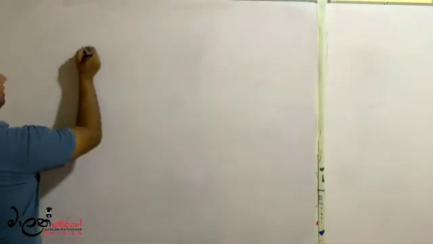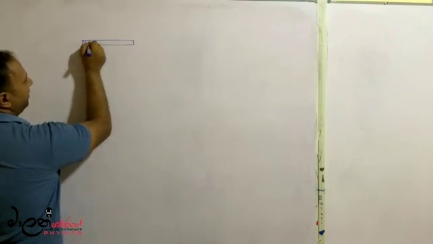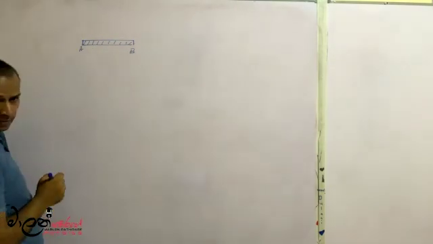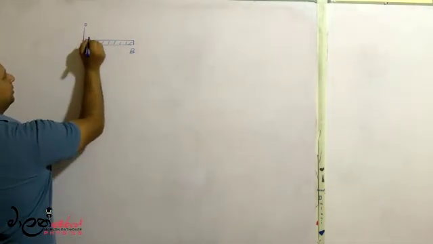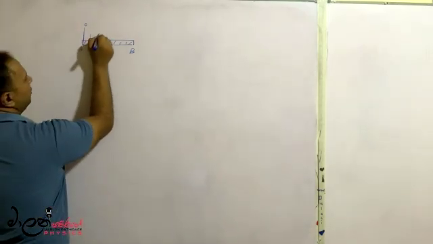So suppose you want the length reading of this AB rod, you have to place this AB rod with a ruler. Then you have to take the measurement.